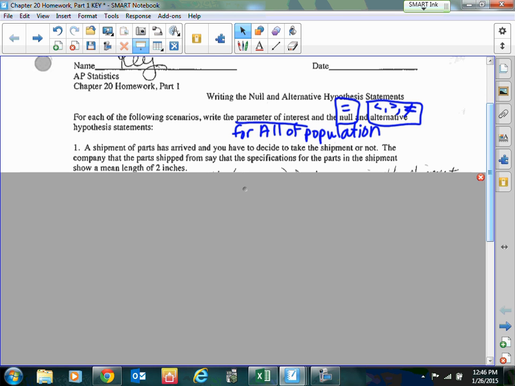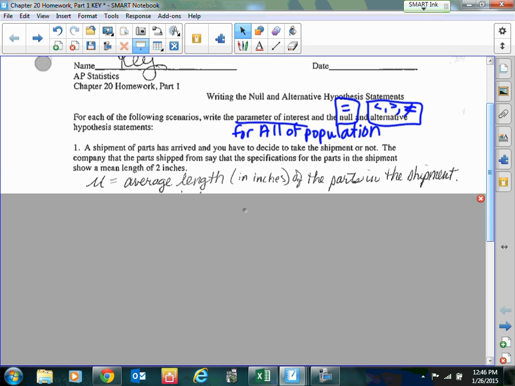It's very important that you make sure it is clear you are talking about the population of the whole shipment. So do you see this lowercase mu? It's a mu. Do not put an m. That was very annoying when I was reading some tests. Some people were putting just a regular old m there, and that's not what goes there. It's a lowercase mu, cursive u, equals the average length in inches of the parts in this shipment.